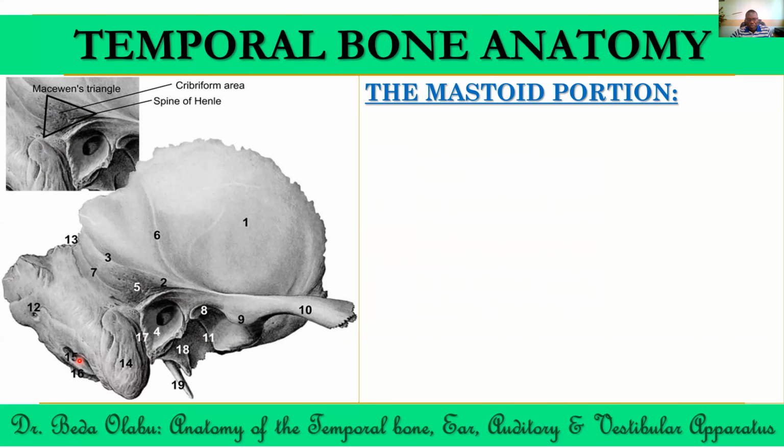Let me take it somewhere so that you also appreciate the aditus ad antrum and the antrum itself. So this is still mastoid air cells. Then at that level, we are starting to see the mastoid antrum and the aditus ad antrum.